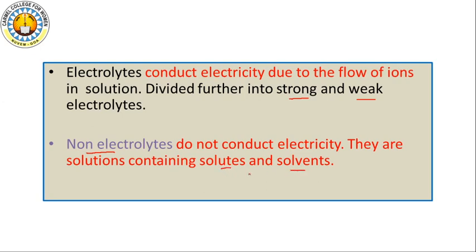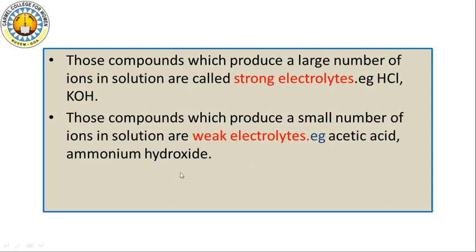Those compounds which produce a large number of ions in a solution are called strong electrolytes. I had given you the example of HCl, sodium hydroxide, KOH, etc. Why do they produce a large number of ions?